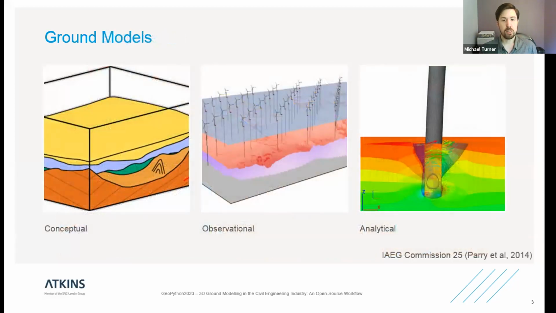Because of this, there's a really well-established process of using ground models within the industry to help understand the ground and then to communicate and manage the risks associated with it.